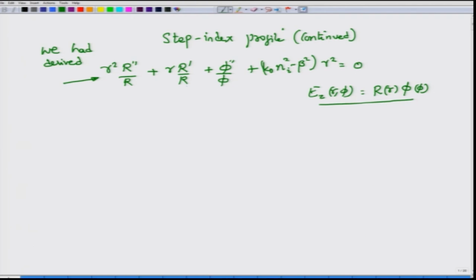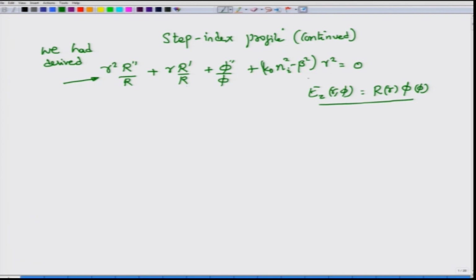In this module, we will first understand what this differential equation is and what the solutions of this differential equation are. Once we have the solutions, which essentially give us Ez, because Hz also satisfies an equation very similar in form, except maybe for different amplitude constants, the form of the solution would remain the same.